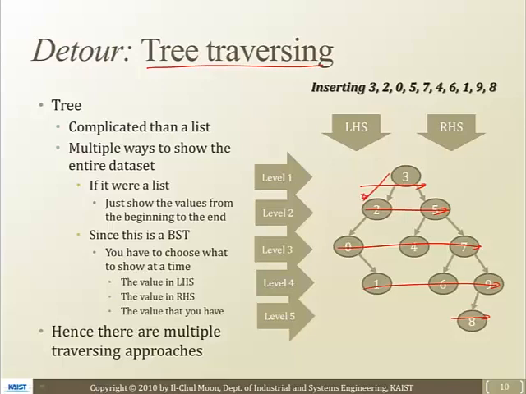So we go like this, go like this, and go like this, and then come back, and then come to like this, and come to like this, and then come back, and come to like this, and then come back like this, and like this, and that's the end of the search. So there is a level-wise search, and also there is a depth-wise search like this.